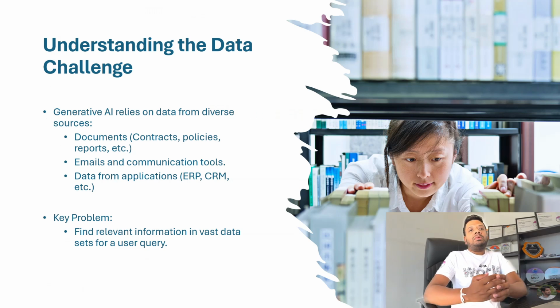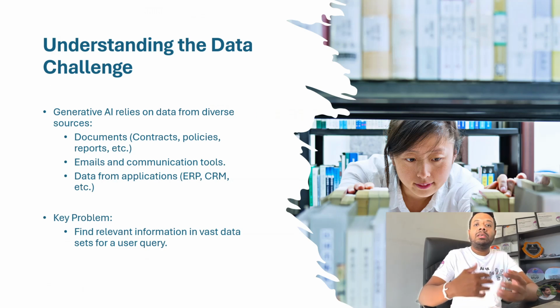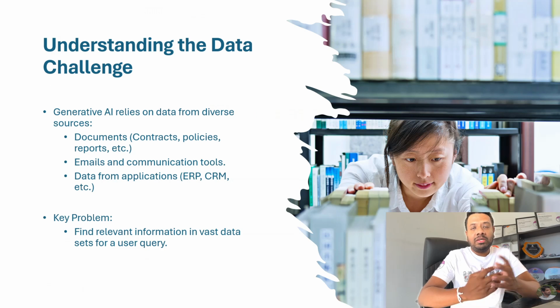In addition, you also have a bunch of applications that you're dealing with every day, like ERP systems, CRM applications, and many more. All of these applications contribute to your day to day activities and they provide different types of data in different formats. Some of them will have structured information, and some of them, like documents, will have a lot of unstructured data.